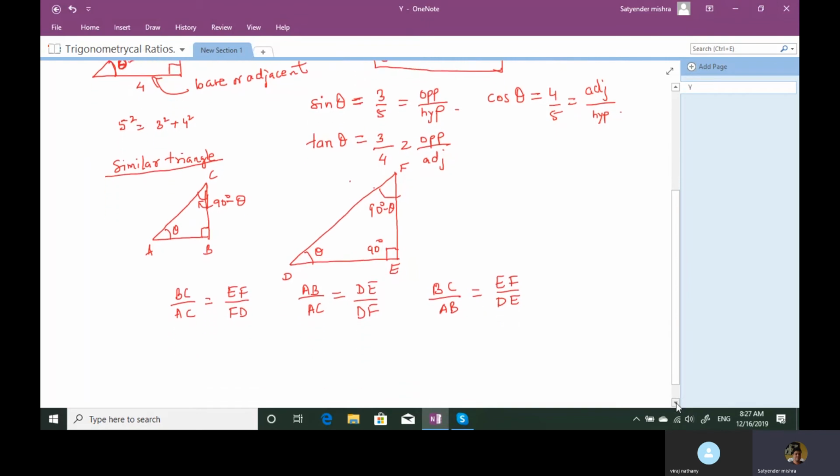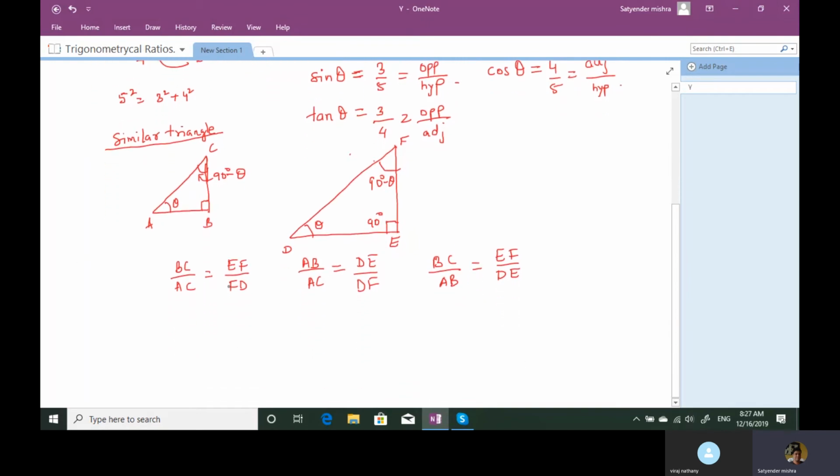Fine. Then you can see that BC by AC: this one is opposite, this one is hypotenuse, and this one is adjacent, right? So BC by AC is opposite by hypotenuse, and in EF, this one is opposite, this one is hypotenuse, and this one is adjacent.